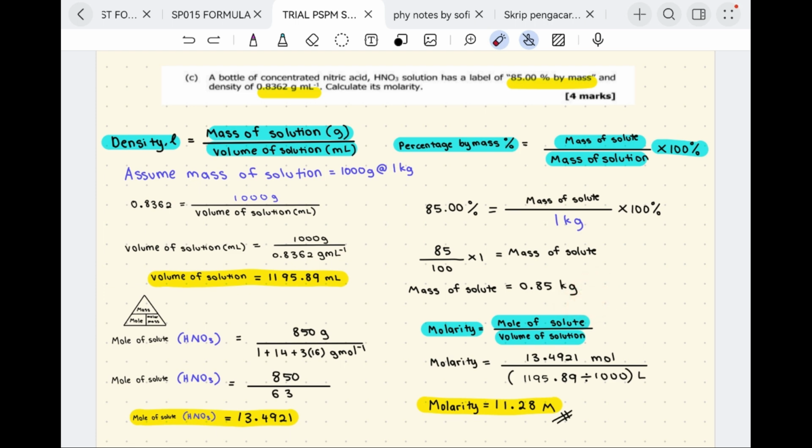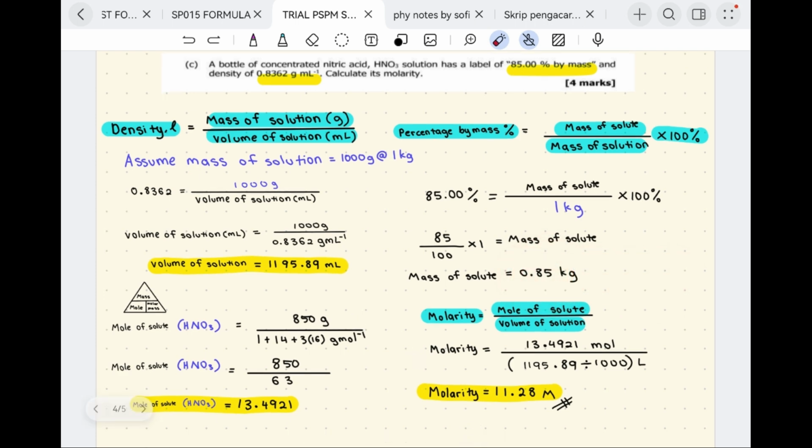Okay. And then after I get the mass of solute, I can now calculate the mole of solute by using this formula. The mole of solute equals mass over molar mass. Because we got the answer in kg, we need to convert it into gram, because in calculation of mole we need to use gram. So just multiply this by 1000, and then we will get 850.